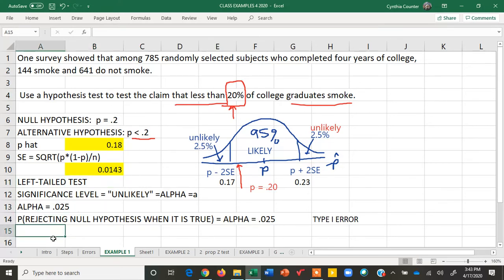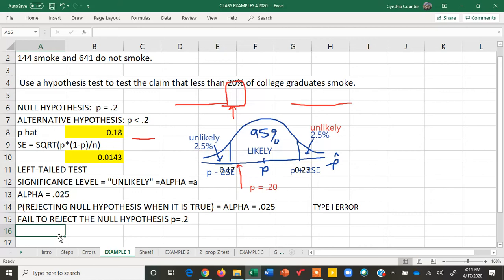And you often hear the conclusion written as we fail to reject the null hypothesis that p equals 0.2. That means it is likely and possible that the true population proportion of college graduates who are smokers is 20%.